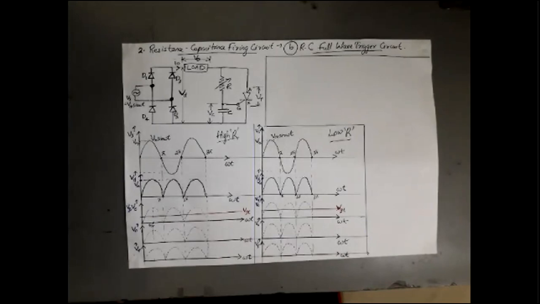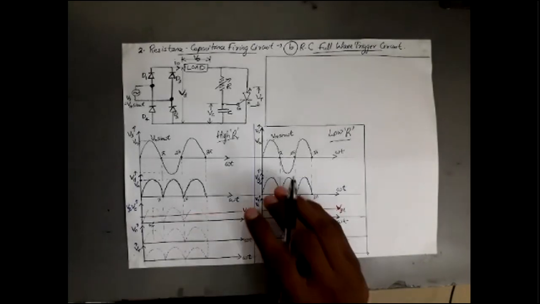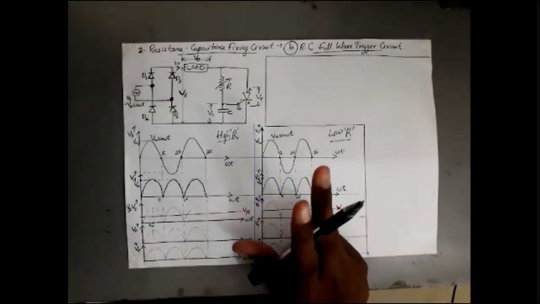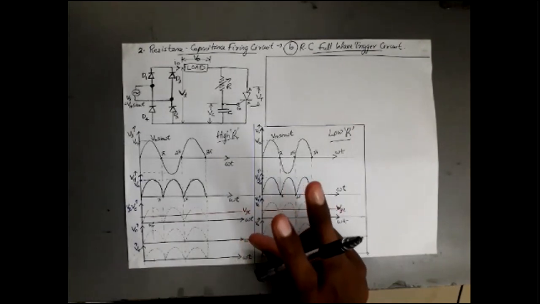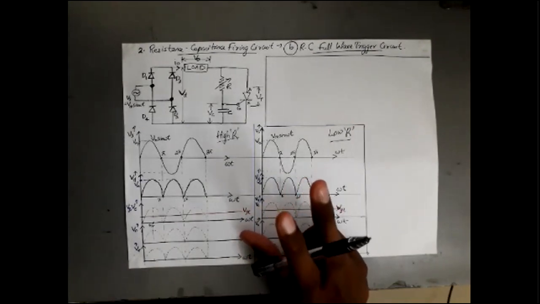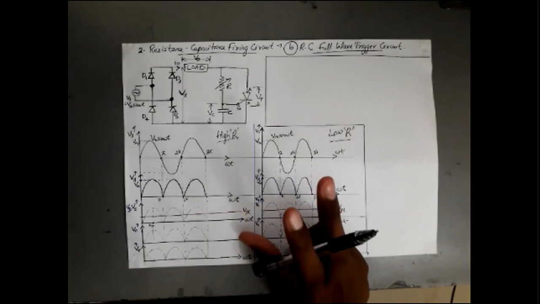Now let us discuss the RC full wave trigger circuit. The main limitation of the R firing circuit was that its firing angle can be varied only between 0 to 90 degree, and also output voltage was appearing only during one half cycle.